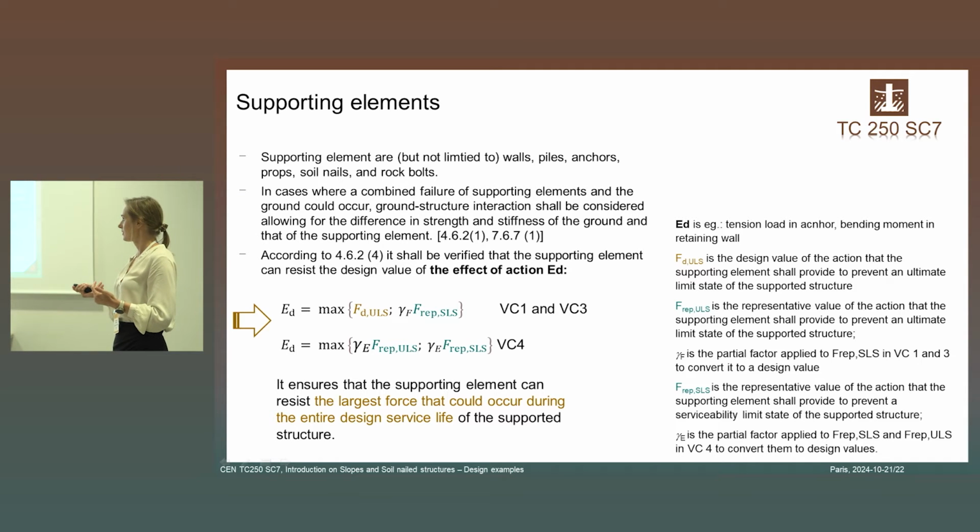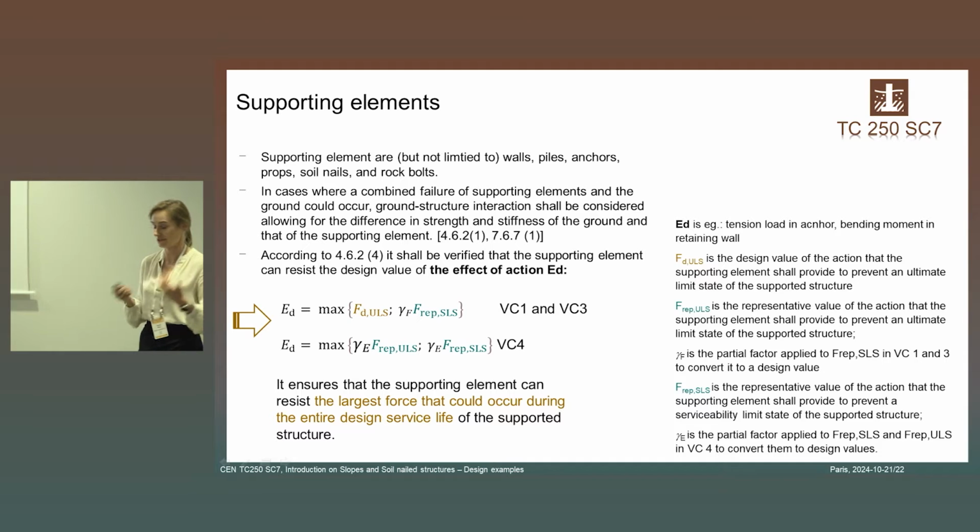And if you look in detail at these formulas, it means that the effect of action in the supporting element comes either directly from the design value of the ULS calculation or the factored value of the representative value coming from the SLS calculation.